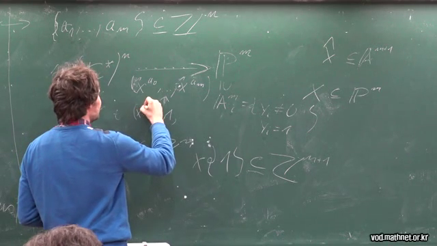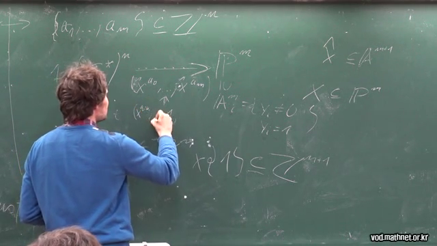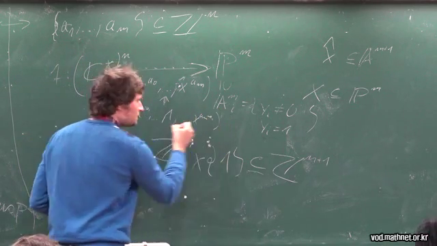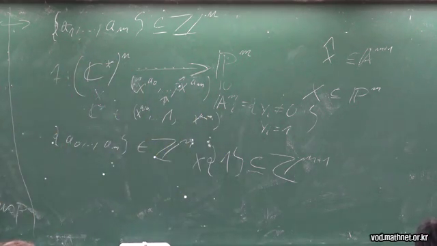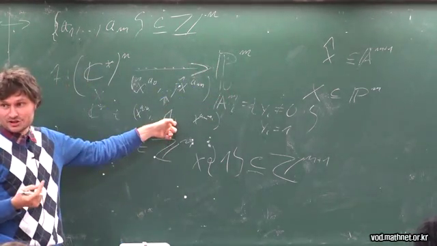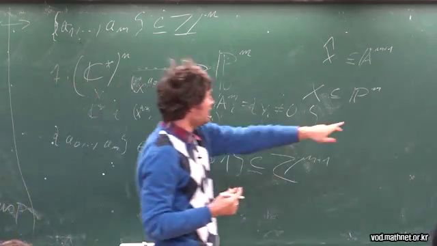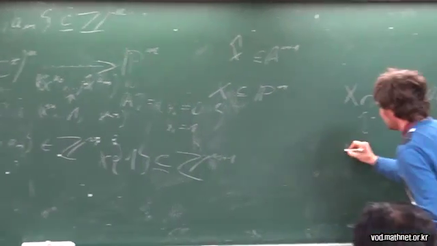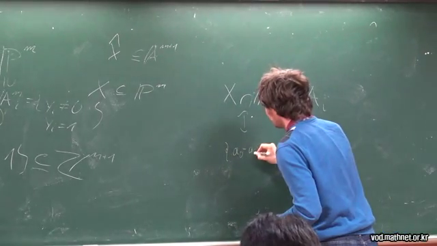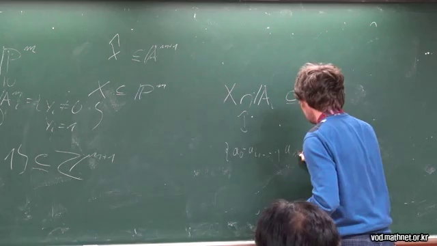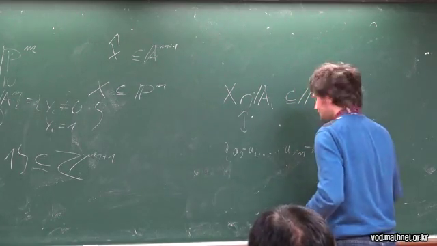You will get x^(a0 minus ai), x^(am minus ai). So I really didn't change the map, I just changed its representation. So this variety will correspond to the set a0 minus ai, am minus ai.